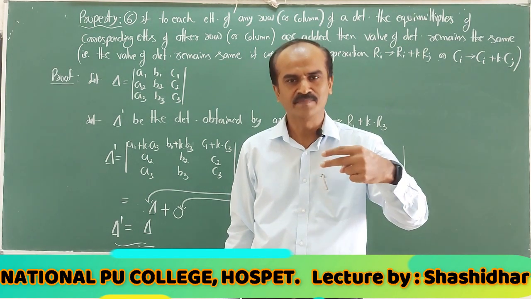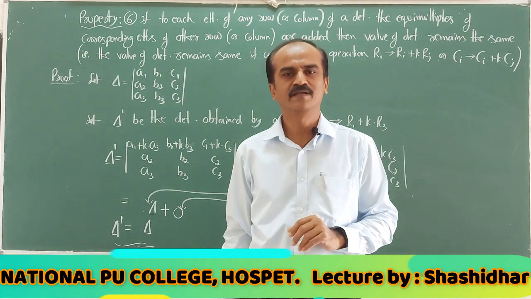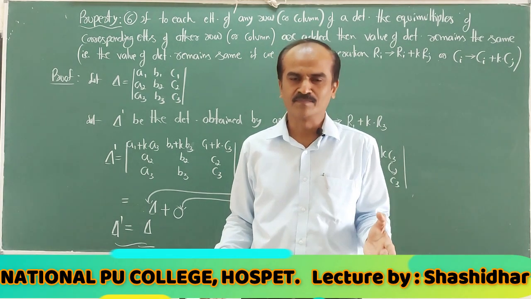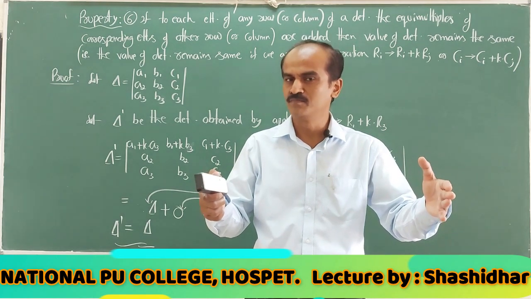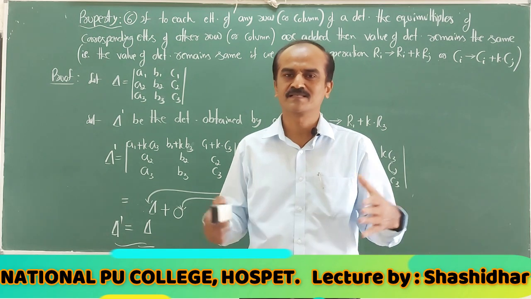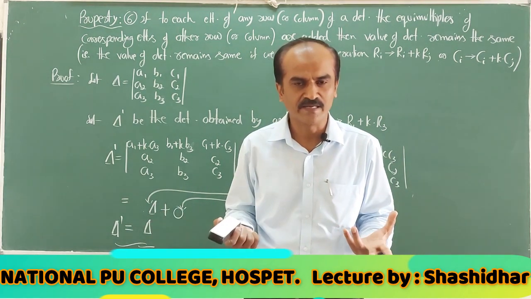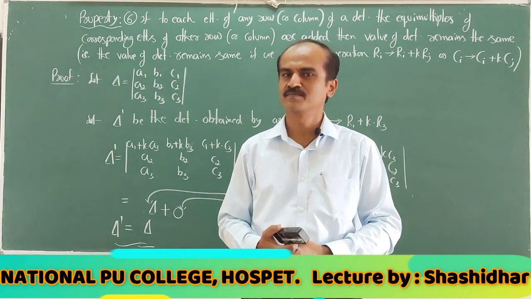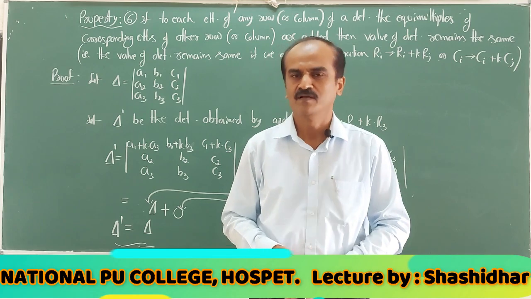If any two rows are proportional, then value of determinant is 0. If some or all elements of a row or column are sum of two terms, then the determinant can be expressed as the sum of two determinants. And finally, if you apply any number of row and column operations on a determinant, the value of determinant is unaltered.